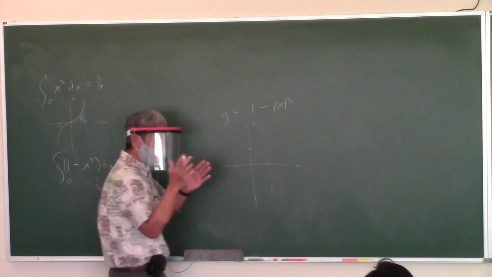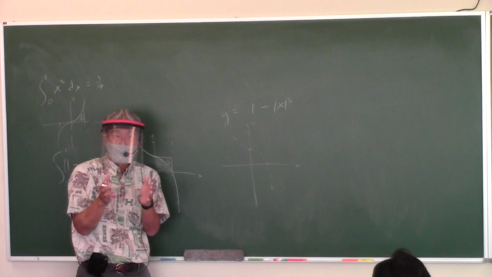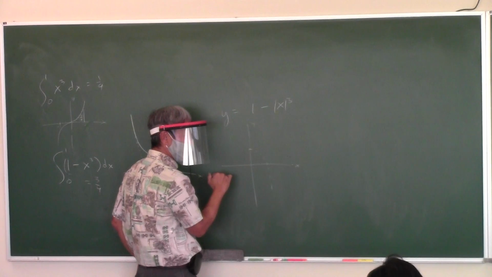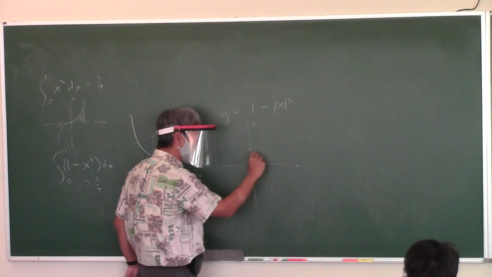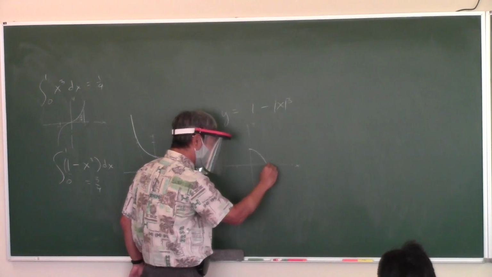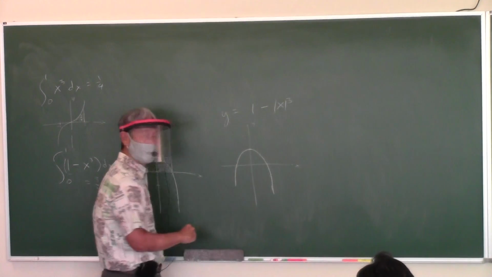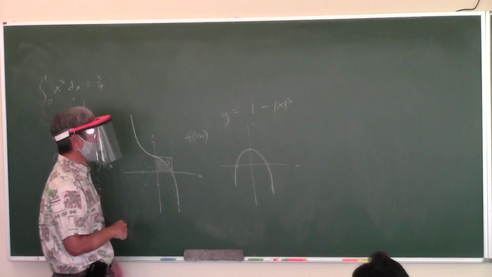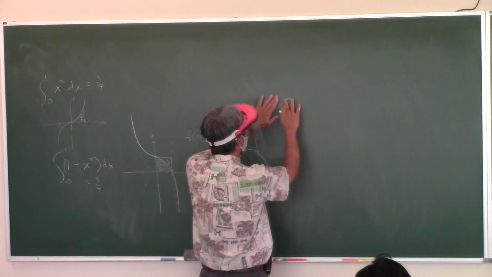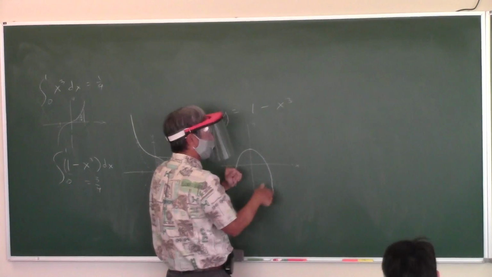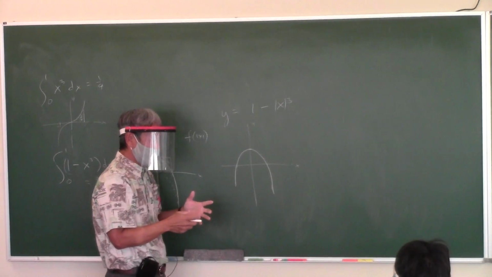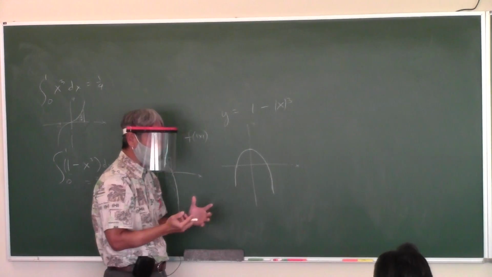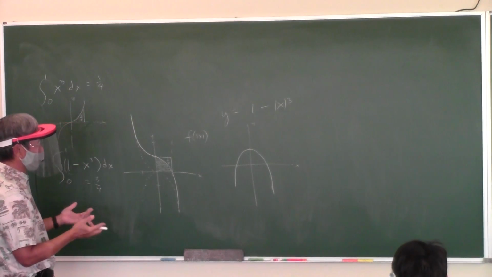What happens when you put the absolute value only on the x? Erase everything to the left of the y-axis. Keep and reflect the remaining portion about the y-axis. So this, and then this. So whenever you graph something like this, think, oh, I know how to graph that, so graph that first. Then when you put the absolute value only on the x, erase everything to the left of the y-axis, and keep and reflect the remaining portion about the y-axis. You're supposed to do that in pre-calculus.